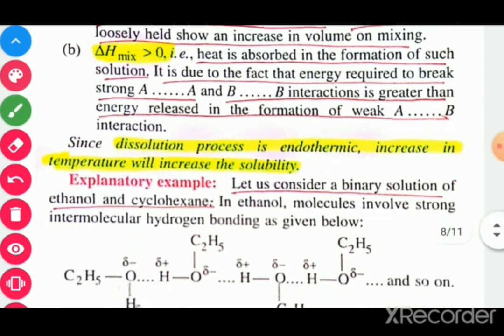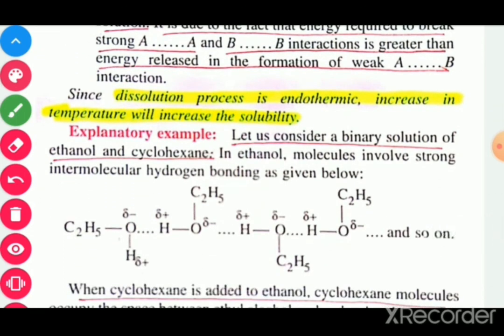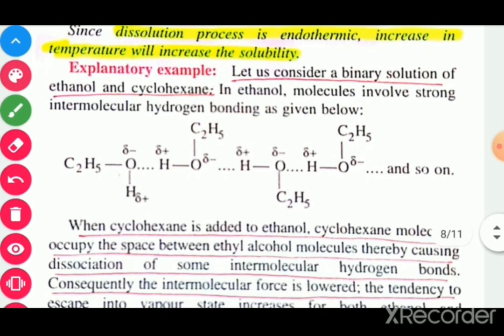For example, there is a binary solution of ethanol and cyclohexane. In ethanol, molecules are involved in strong intermolecular hydrogen bonding. Here is the first molecule of ethanol, here the second molecule, and the third molecule.